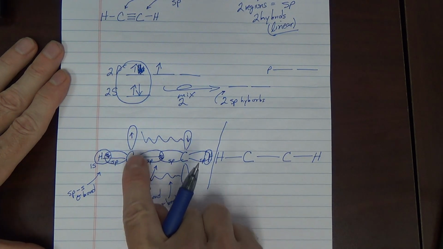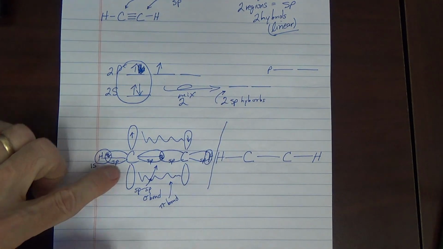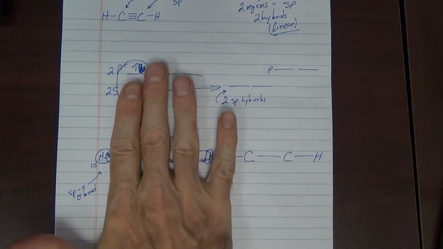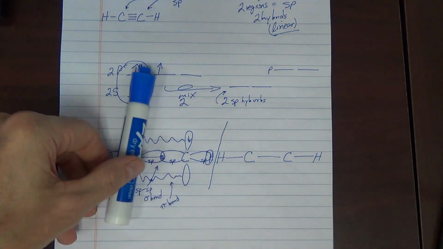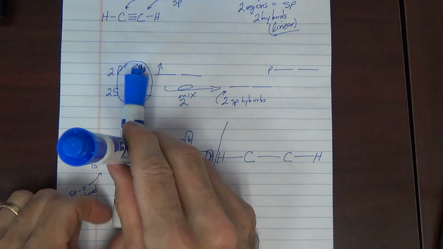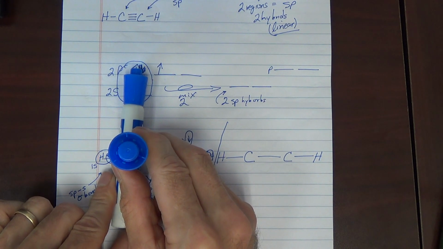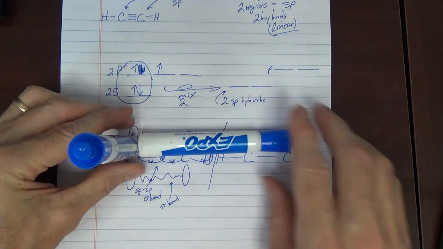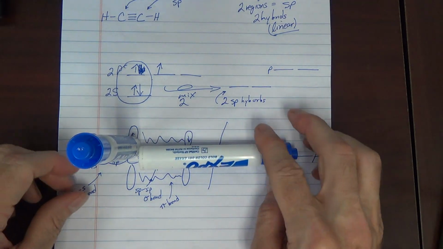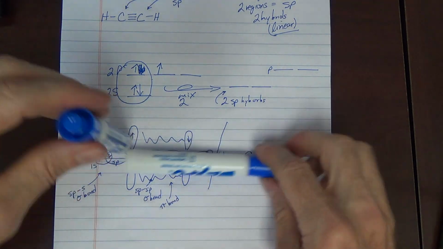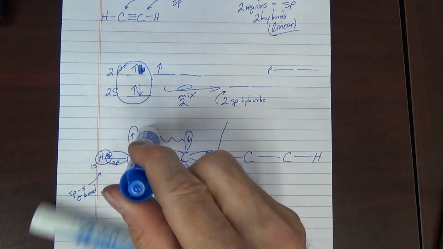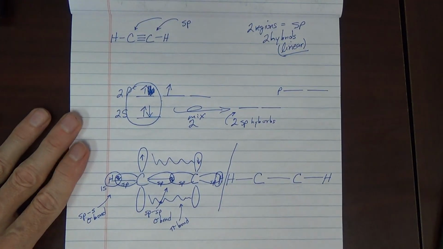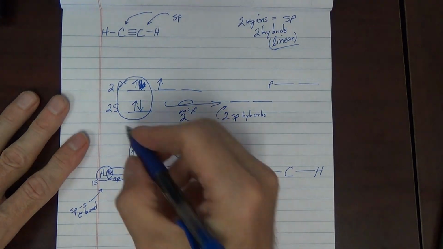What else is on this carbon? Not one p orbital, but two. The other one is perpendicular to that one. That is, if that one's flat on the paper like that, the other one is like this. Or if that one is up, then that one would be flat. Now, of course, there's electron density on both sides. They're orthogonal. It's very difficult to show this, and we'll have to look at pictures in your textbook.